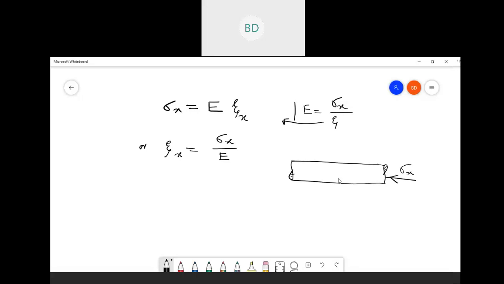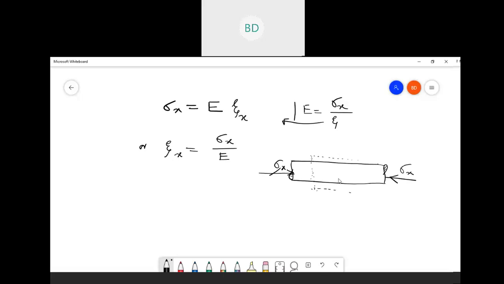So therefore a reaction force will come in this direction. Why have I slashed this line? Because this is the reaction force and this is the force applied by you. So what will happen to this shaft? Its length will decrease, but its area will increase.